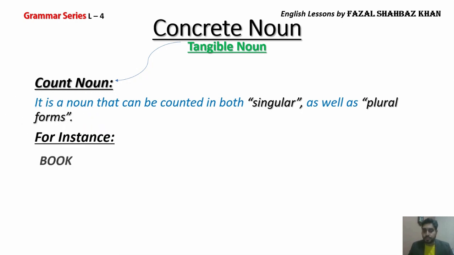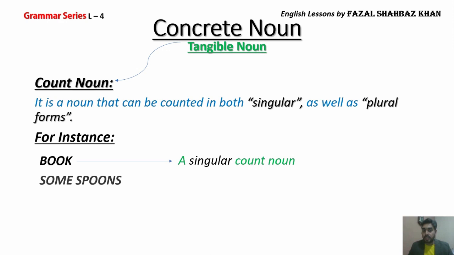For instance, book. What is book? A singular count noun. Some spoons. Now, as you can see, some attached to spoons gives us the feeling that there are more than one spoon. So the idea is it's a plural count noun. The chair. Now that is one singular chair, but the reference of making it not just singular, but at the same time being singular, a proper count noun as well.